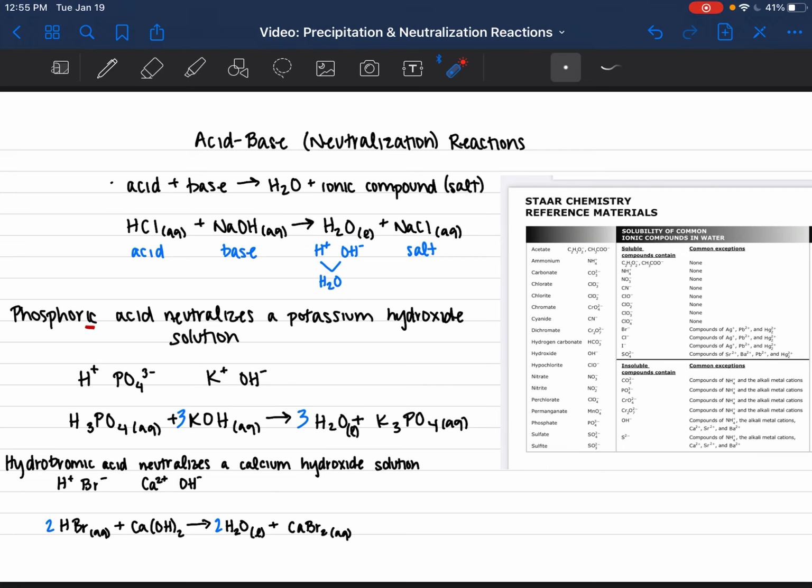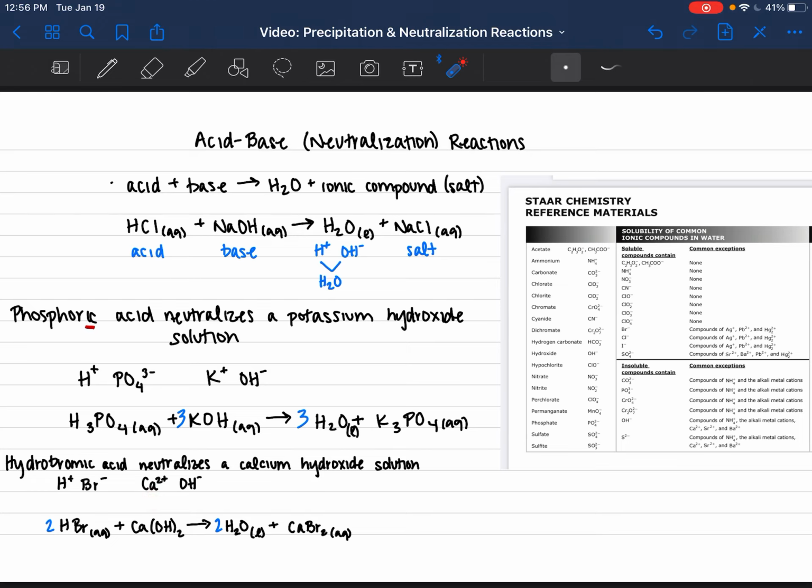Our next example, we have hydrobromic acid that is neutralizing a calcium hydroxide solution. So hydrobromic, remember that hydro at the beginning and ic at the ending, it tells you that it is this bromide right here. So hydrobromic is HBr, and this is going to react with calcium hydroxide.